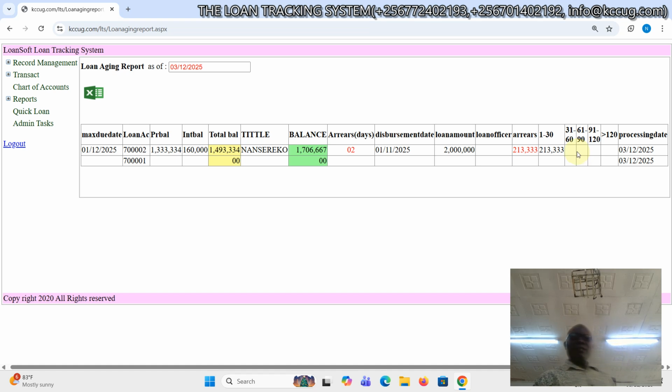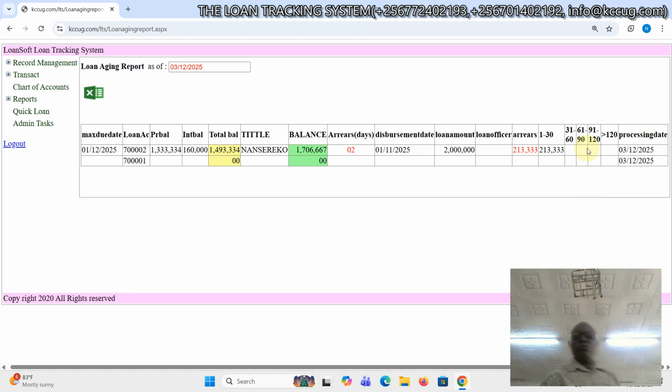Somebody may have an outstanding balance of, say, this much, and then when the computer does the splitting, you find the first month he defaulted by 50,000, the previous month he defaulted by 70,000, the previous he defaulted by 90,000. That kind.